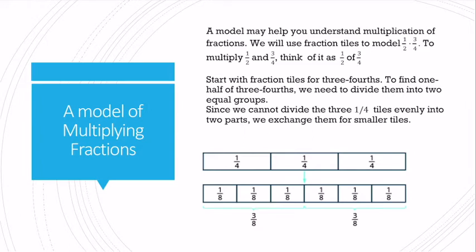So if I start with 3/4, I've got 1, 2, 3. And if I want to find half, I need to divide them into two groups. So I'm going to break them in half, and that's going to make them into eighths, right? If I have half of a fourth of a cup, that's an eighth.